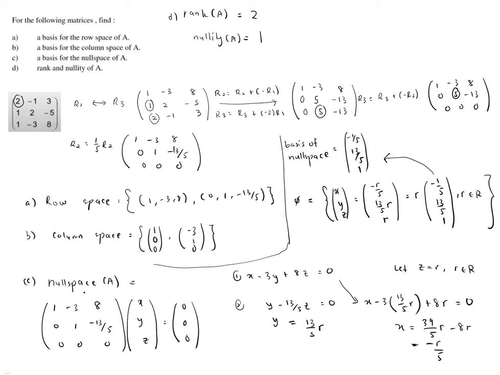Nak guna X, Y, Z ke? Nak guna, tadi saya guna X1, X2, X3. Boleh. Kalau takut banyak, kadang-kadang kalau ada 4 variable, macam mula-mula tadi saya guna XY. Okay, lepas tu bila ada 3, saya guna XYZ. Kadang-kadang ada 4. Kalau ada 4, awak nak guna apa kan?